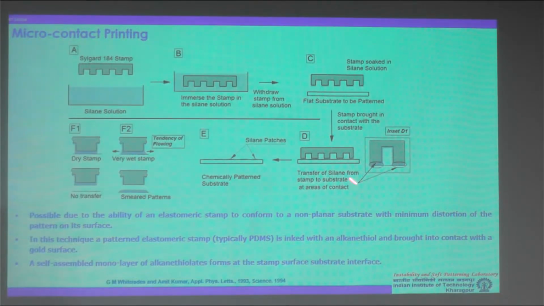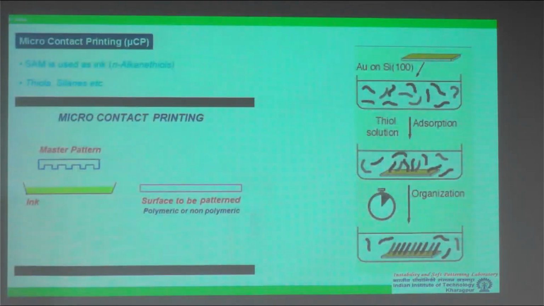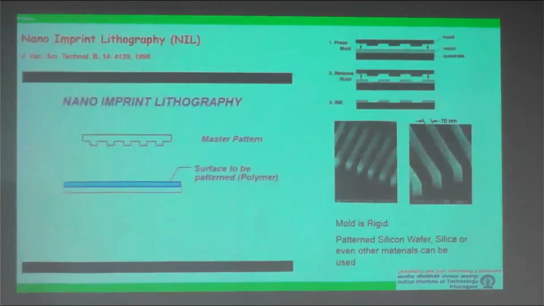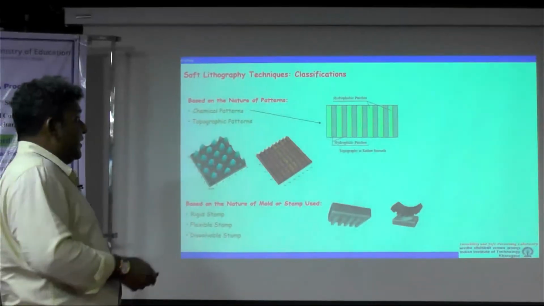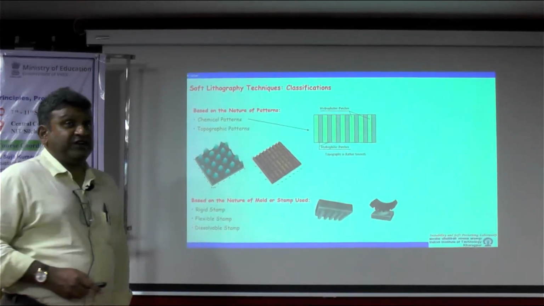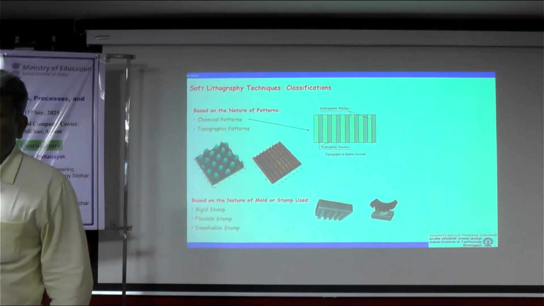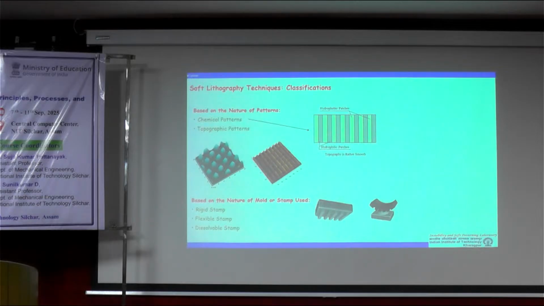So only at these areas it now exhibits hydrophobicity, whereas other areas exhibit the original property. Let's say if it is glass or something like that, it exhibits hydrophilicity. And in the process, you are successful now in creating a surface that exhibits alternating hydrophobic and hydrophilic domains.